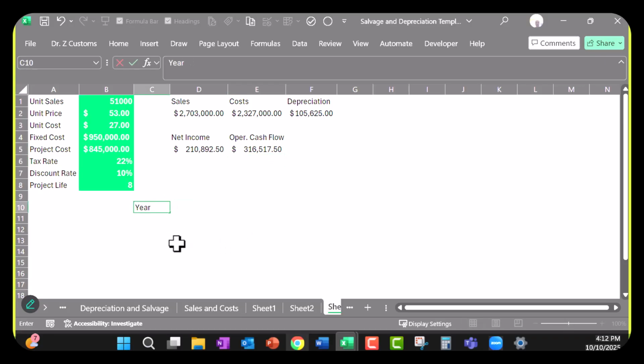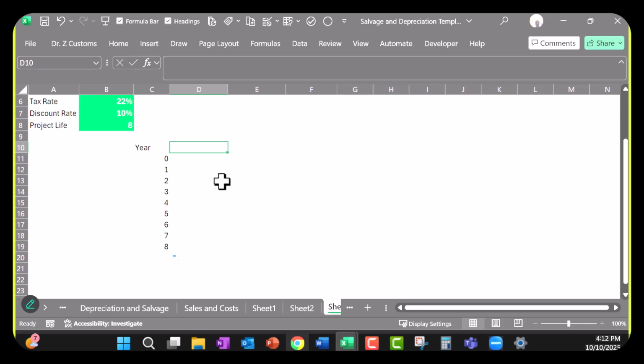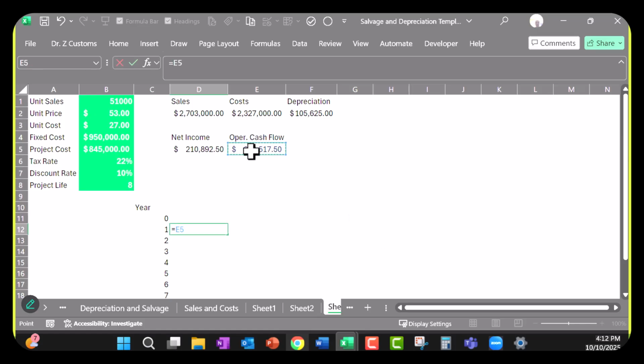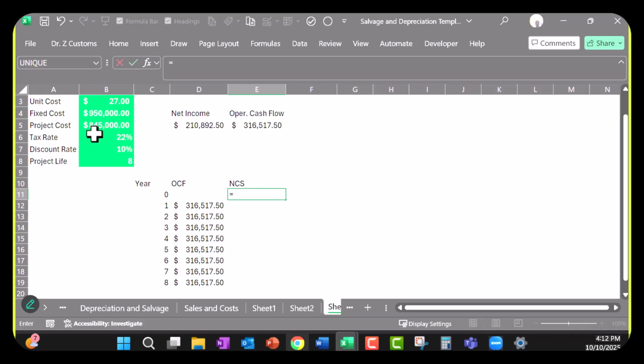In terms of cash flow, from year 0 to 8, I have net capital spending, which is the project cost, no salvage, and change in net working capital.